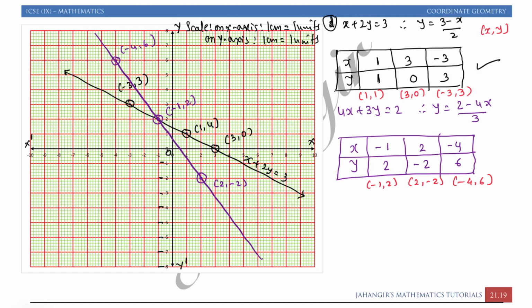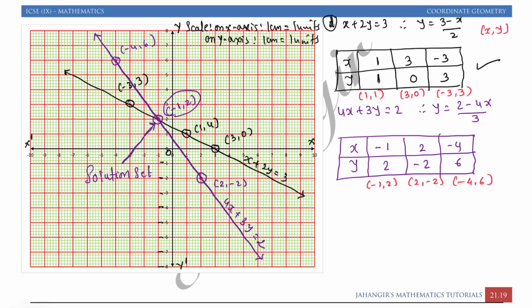If you see, both lines intersect each other at a point, and that point is -1, 2. So I can write this point as the solution set. So now I have to write the equation, that is 4x plus 3y is equal to 2.